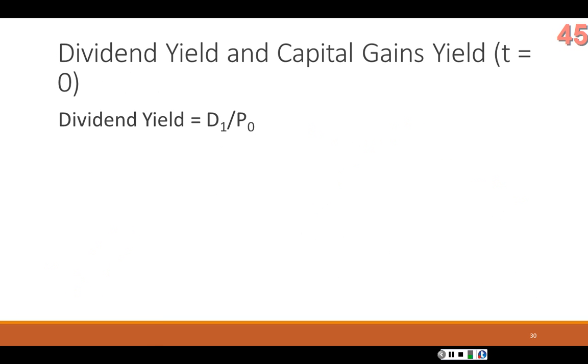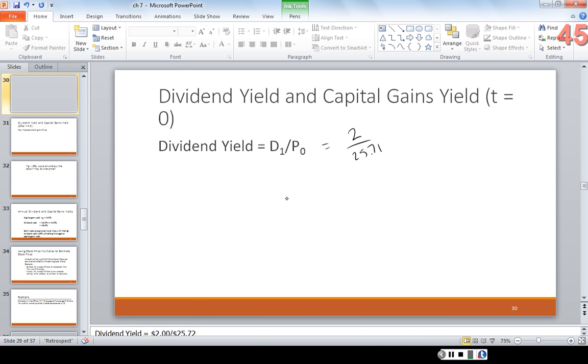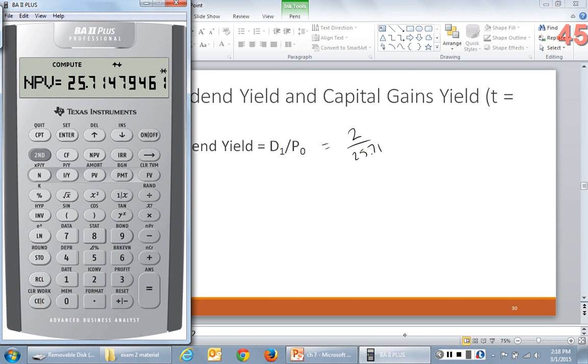So we can calculate our dividend yield. Dividend yield is equal to the next dividend payable, $2, divided by the current price, $25.71, to give us 7.8%.